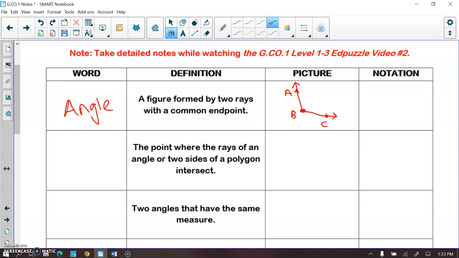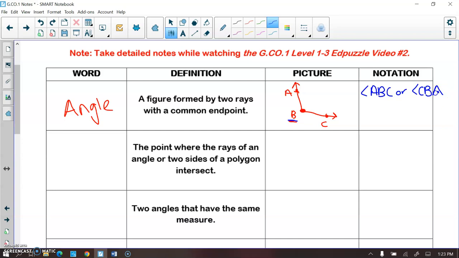The endpoint that separates your two rays is always going to be the letter in the middle. That's called the vertex of your angle, which we'll get to in the next definition actually. But this could be named angle ABC, or angle CBA.